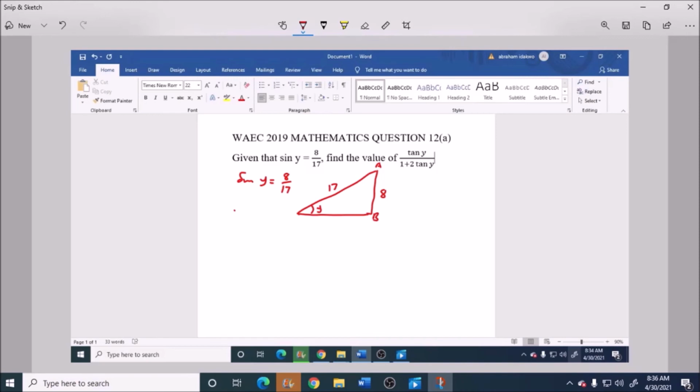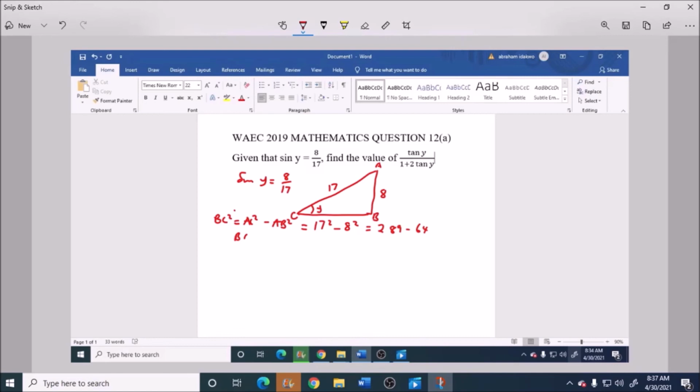So let's find BC squared. BC squared is equal to AC squared minus AB squared, which is equal to 17 squared minus 8 squared, and that gives us 289 minus 64. So BC squared is equal to 225.